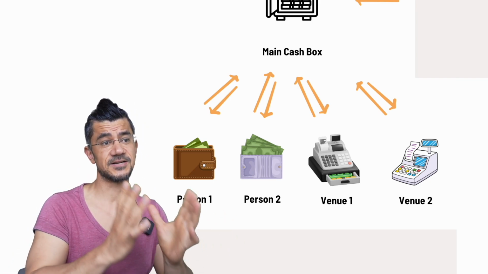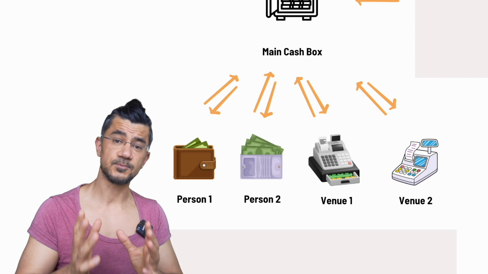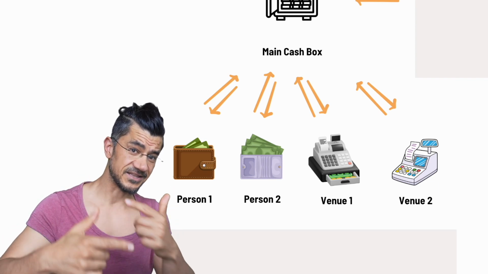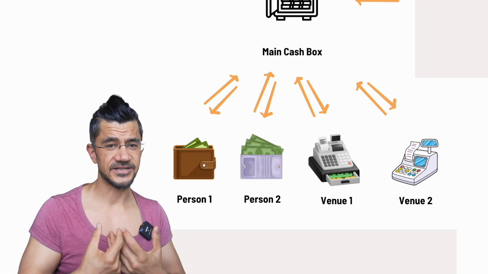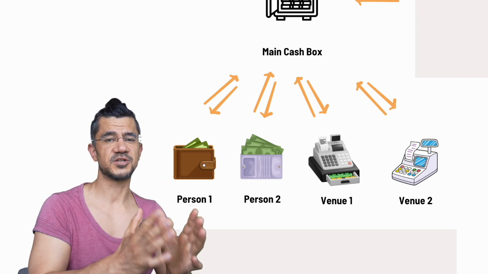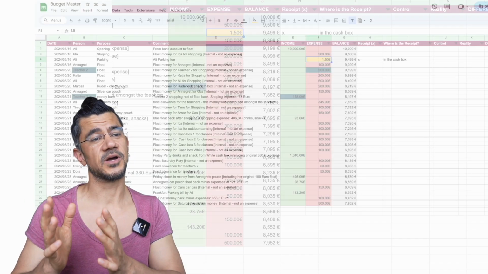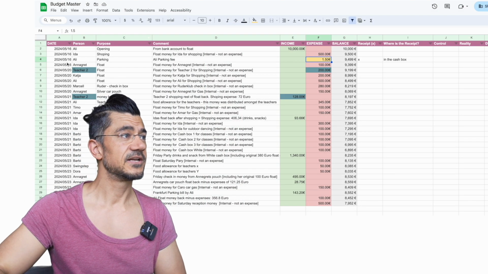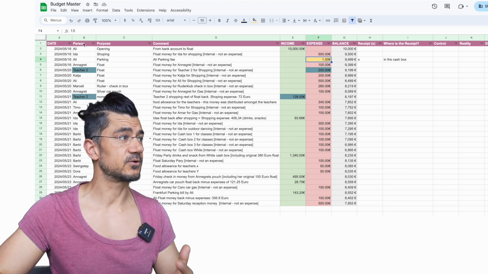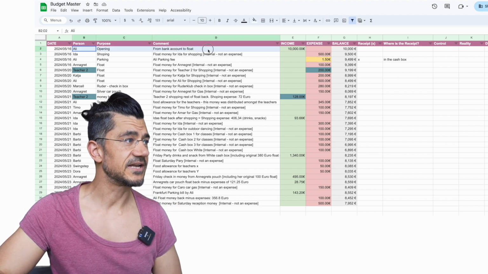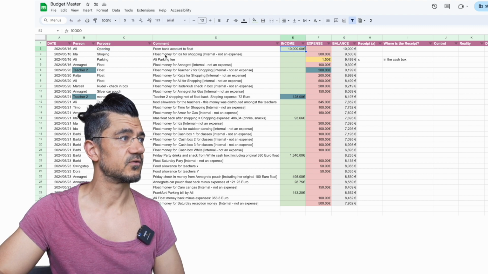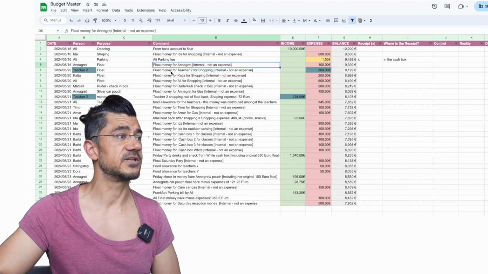Then you know exactly what float you've given to each person. They have that as their ledger. And then when you collect it back again, you have much better control to understand what has happened with the money. In terms of spreadsheets, that would look like this, for example. So you have your dates, you have the person who opens the float and then starts distributing to the different people.